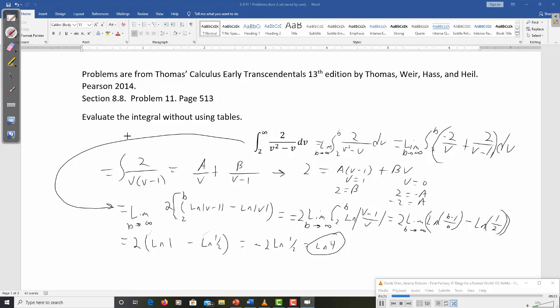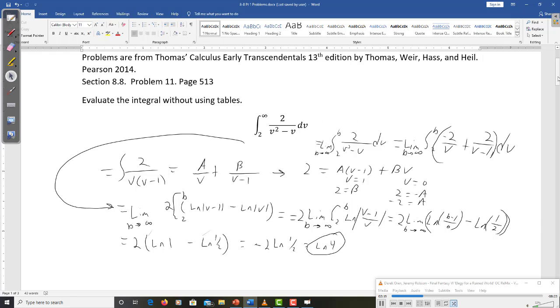Now, I'll point out something on this problem. This is a notation you can use if you want. A lot of people in calculus, when they're doing problems like this, instead of bringing in this limit notation, once they actually do the integral and have this 2 ln of (v minus 1) over v, what a lot of people in mathematics will do, instead of using this notation, which is more accurate, is they will say this. They will say 2 to infinity.